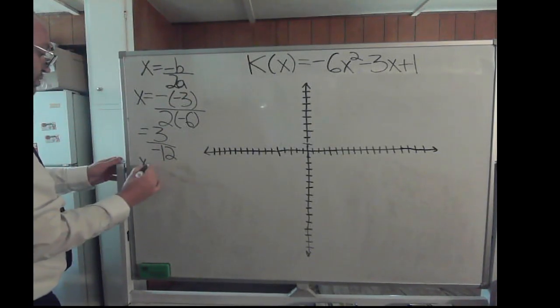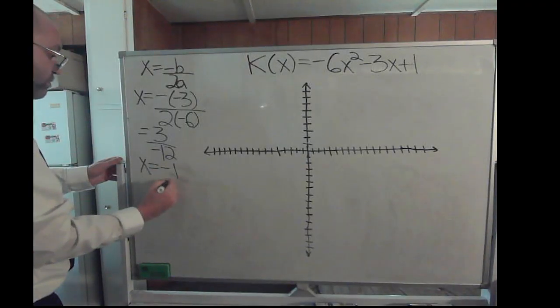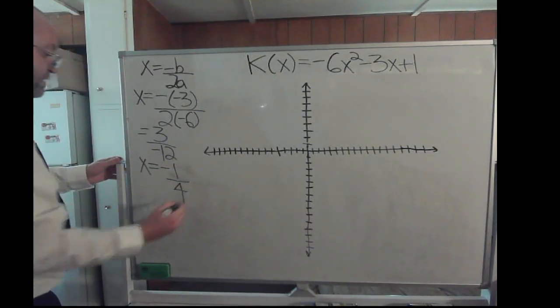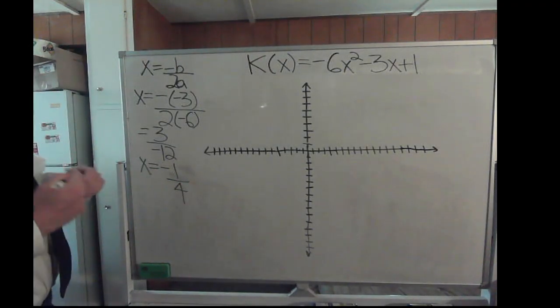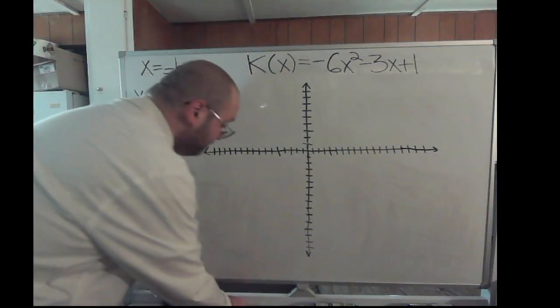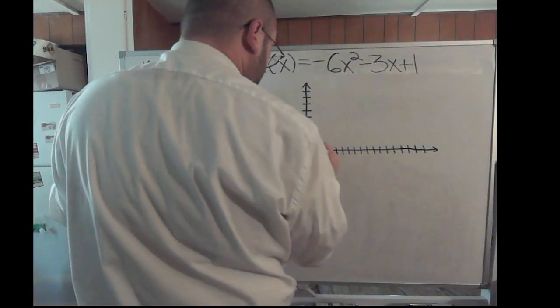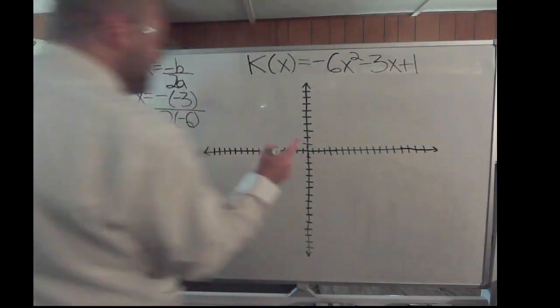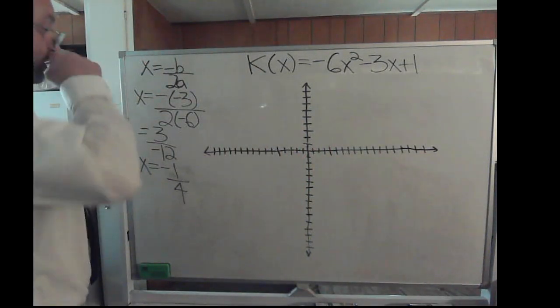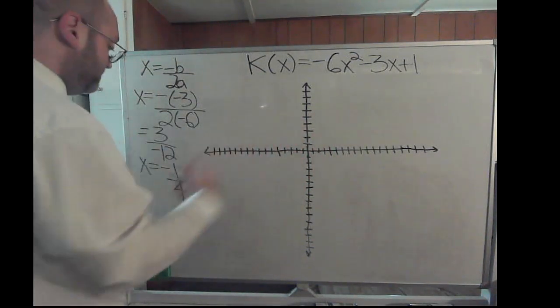Therefore, the x-coordinate of the vertex is negative 1/4. So x equals negative 1/4, that is your x-coordinate of the vertex and also your line of symmetry, which is pretty close to 0. I'm not even going to draw the line of symmetry because it's small enough on this and it's close to 0.